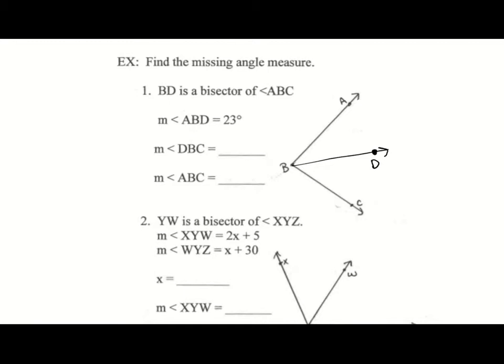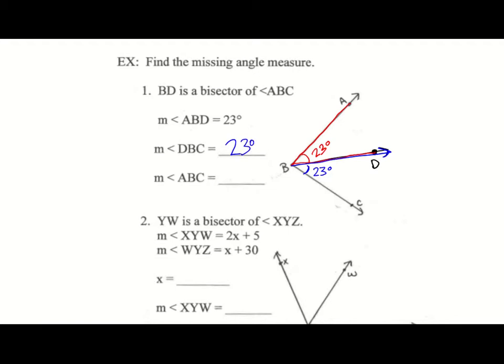So if BD is a bisector of ABC and ABD is 23 degrees, we want to find the measure of angle DBC and ABC. Well, if DB is our bisector, it's cutting our big angle in half, so that means this half must be 23 degrees as well.